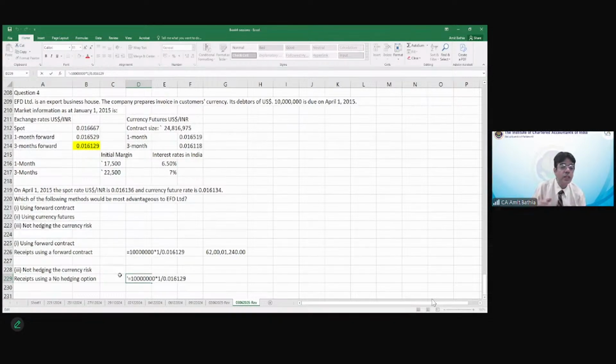Here, spot 0.01667. No hedging option. Will I get the currency today, my dear? Will I get the currency today? No. To receive the currency when? It is due on 1st April.